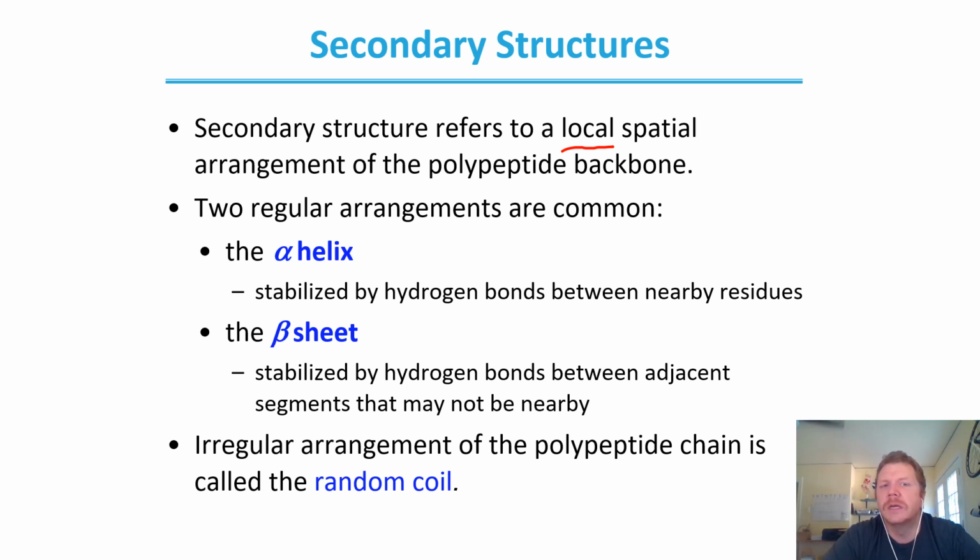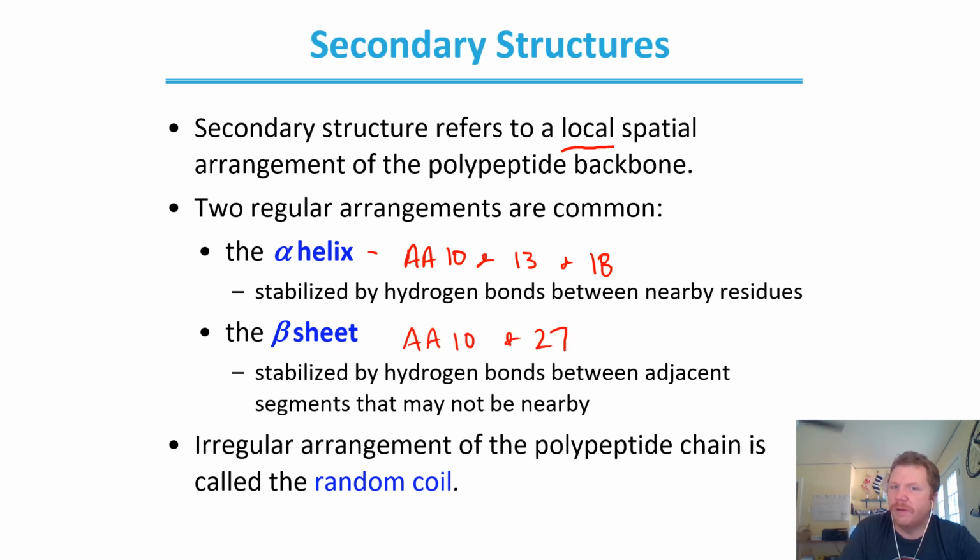Now, there are two common arrangements of secondary structures. There's the alpha helix and the beta sheet. The alpha helix is stabilized by hydrogen bonds between nearby residues, and the beta sheet is stabilized by hydrogen bonds between adjacent segments that may or may not be nearby. So when you think about an alpha helix, it's going to be amino acid number 10 and 13 and 18 that are all involved in the formation of an alpha helix, whereas a beta sheet might be made up of amino acids 10 and 275.